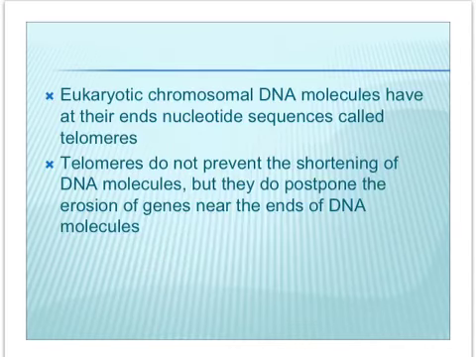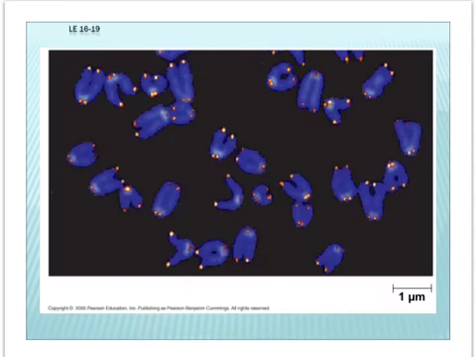If those parts are lost to erosion, it's not going to affect the genes. So the telomeres are like useless DNA that we don't need, and over time those are slowly going to be eroded, but it's not going to affect genes that we actually use. Very cool adaptation. And here you can see the telomeres at the very ends of the chromosomes.